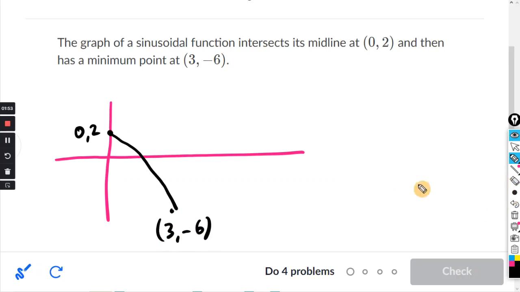So let's see here. If you remember from the sine and negative sine graphs, the one that starts at the midline and heads to the minimum is going to be a negative sine.